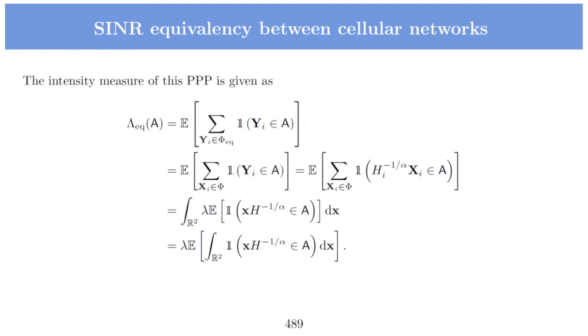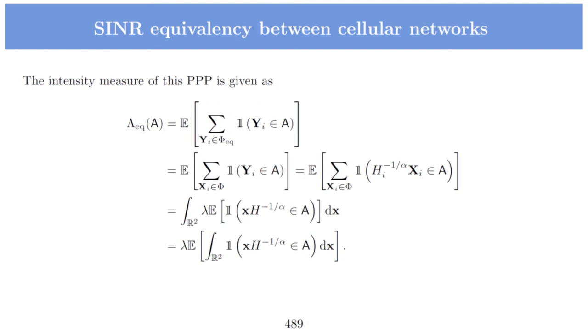Now there is a one-to-one correspondence, so I can write the same expectation in terms of xi's also, where xi comes from phi. So in that case, the same number would be equal to the expectation over all points, such that yi belongs to A, but yi is written in terms of xi as h_i to the power minus 1 upon alpha into xi.